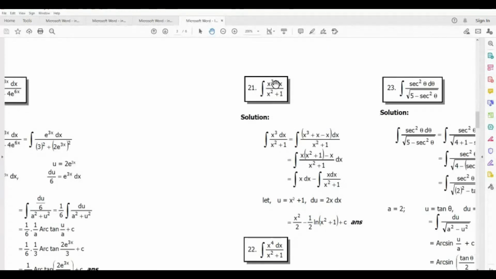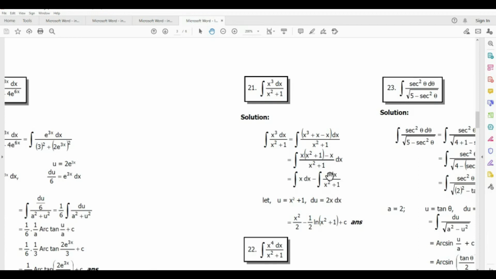So, nabanggit ko na sa inyo, pagka mataas ang power, gagamit ka ng long division or by using plus or minus method, pwede mo siyang, okay? So, pwede mo i-divide, long division, pero mas maganda yung plus or minus method. Ang ginawa dito, nag-add ng x minus x. Then, pinactor to, makakancel mo, mapapactor mo yung x squared plus 1. Cancel, magiging x, tapos matitira dito minus x over x squared plus 1.